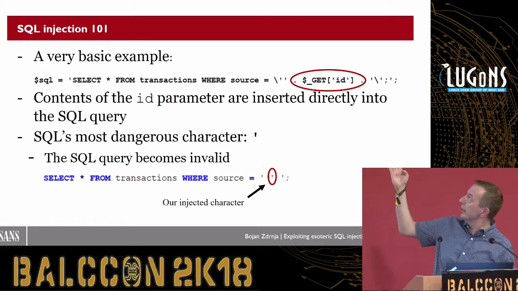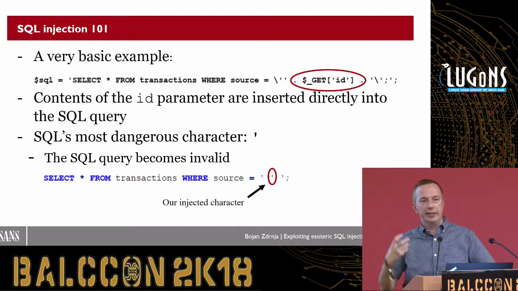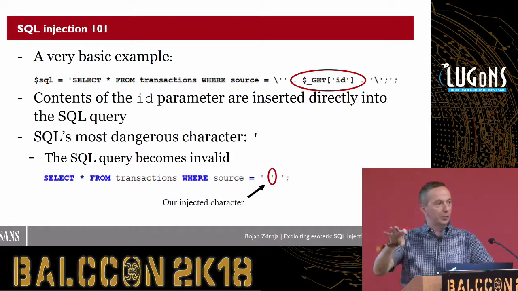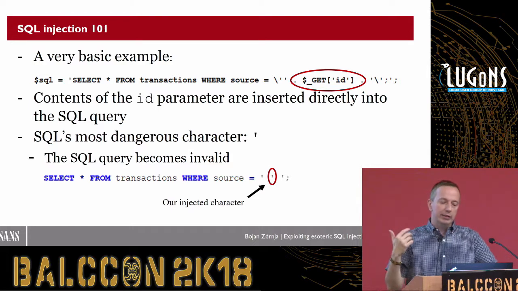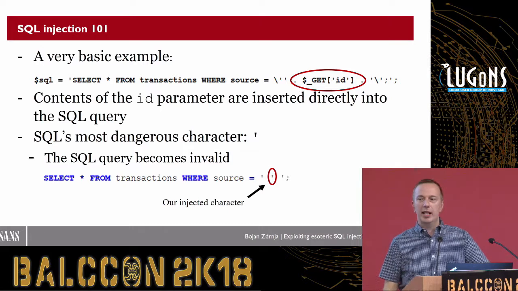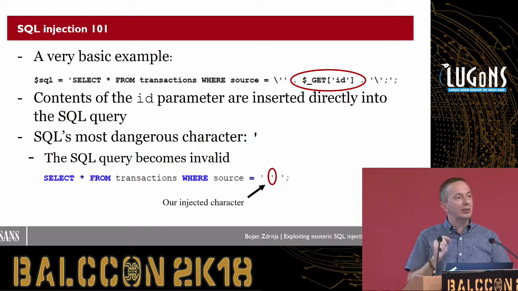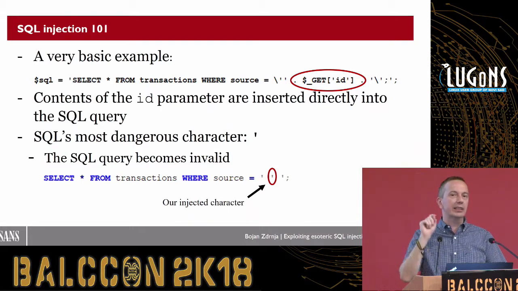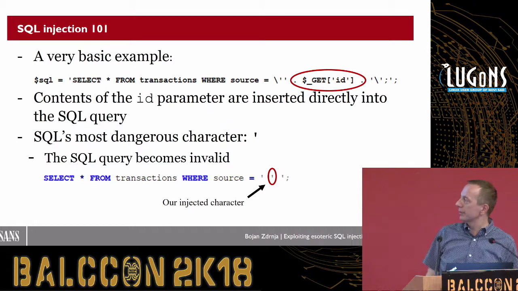We can simply see here that the ID parameter is literally taken and put into the SQL query, no matter what's in this parameter. So if we take one of the dangerous characters, single tick, and put it into the ID parameter, check what happens.